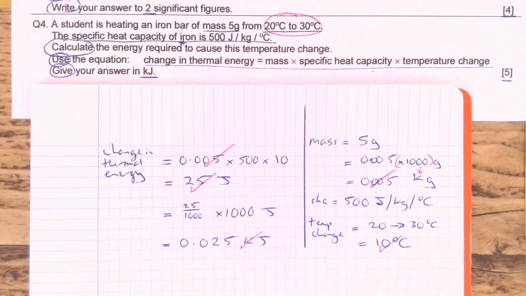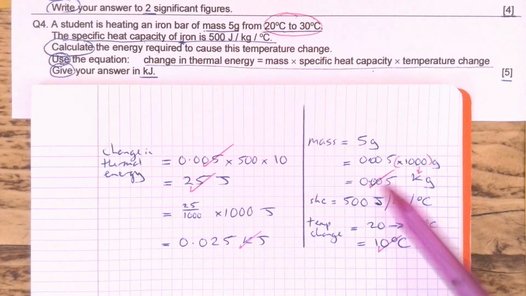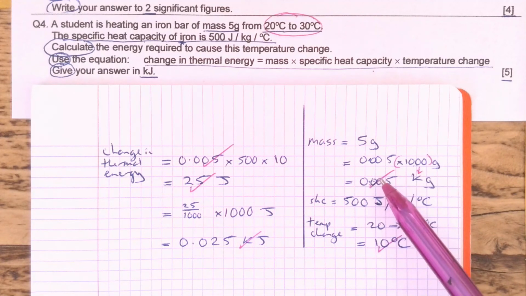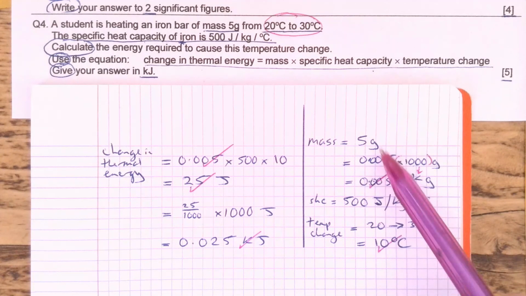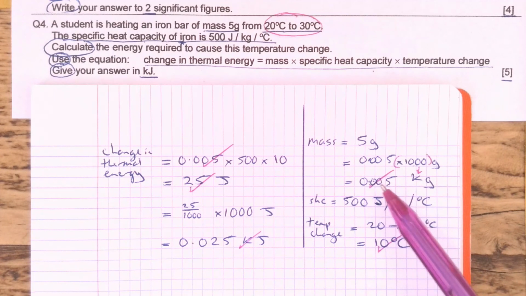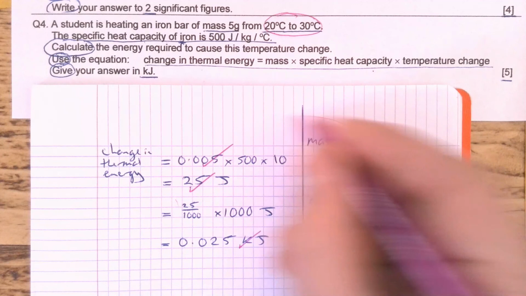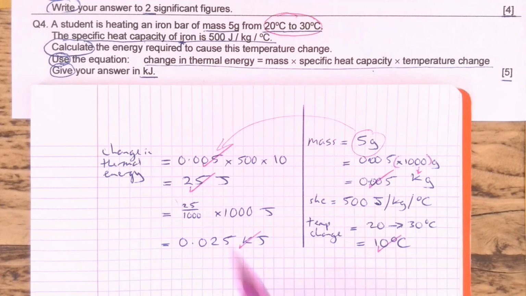And to be honest, if I'd missed out this bit, I'd still be able to get 4 marks if I'd continued, even if I hadn't realised the mass was in grams rather than kilograms. I only would have lost 1 mark. This is called error carried forward. The examiner can only penalise you once for a mistake. They can't take multiple marks. If you made 1 mistake, you should lose 1 mark.